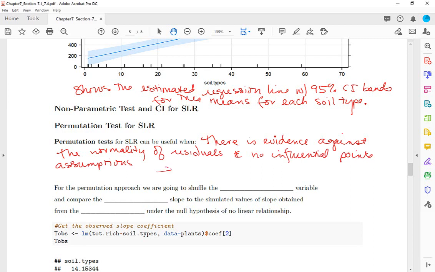To see if we have evidence against these assumptions, we need to look at diagnostic plots.